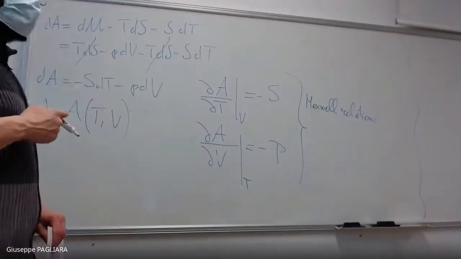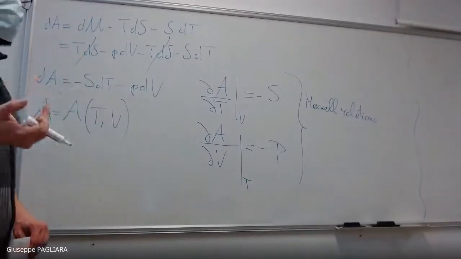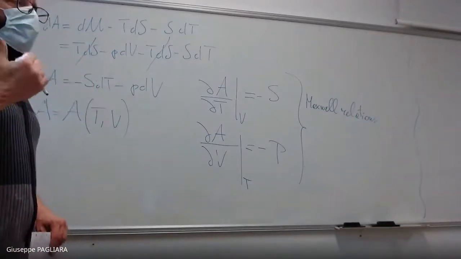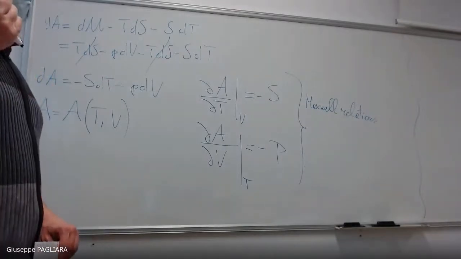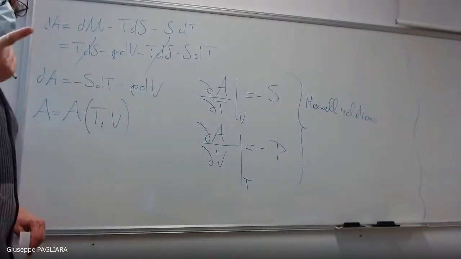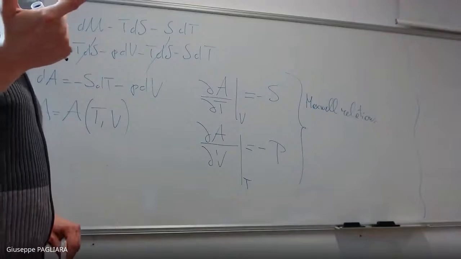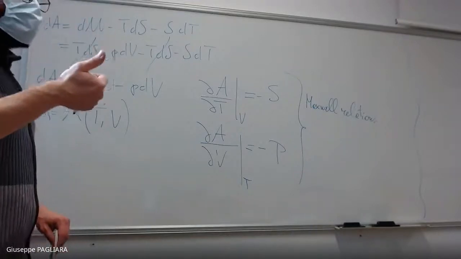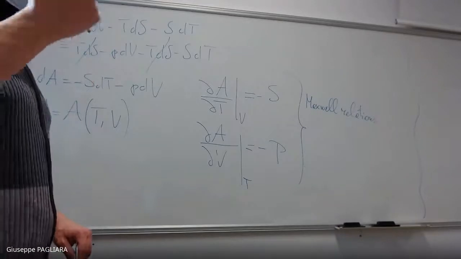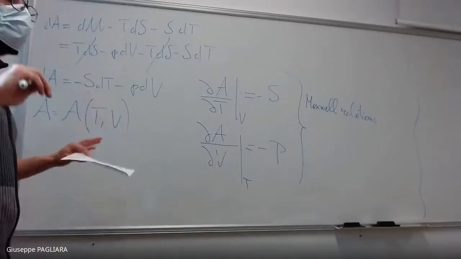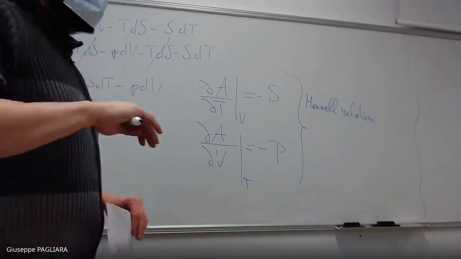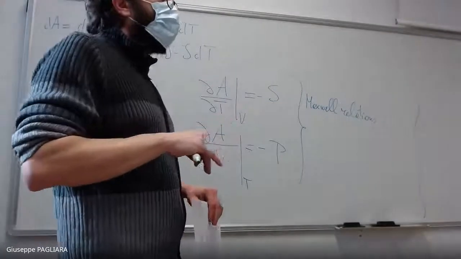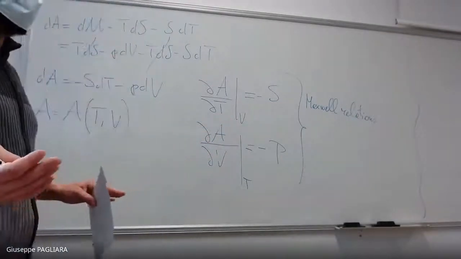Before we had a function U, which is a state variable, depending on entropy and volume. Or if you want, the entropy is a function of U and volume. And this is the correct, let's say, potential to be used when expressing the second principle of thermodynamics for an isolated system.